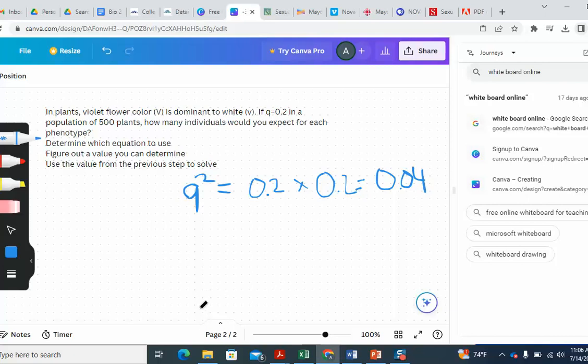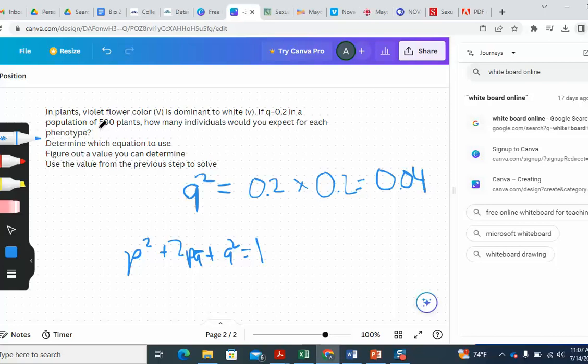So that's a value that I can determine, Q squared. And I know from using this formula that P squared plus 2PQ plus Q squared should equal 1. And in this case, I know that Q squared is 0.04. So I know the frequency of white colored individuals in this population.